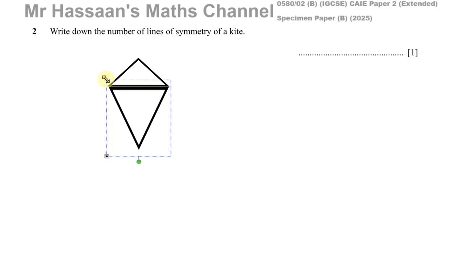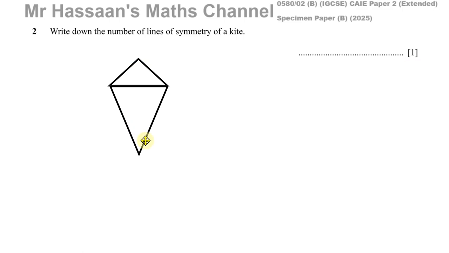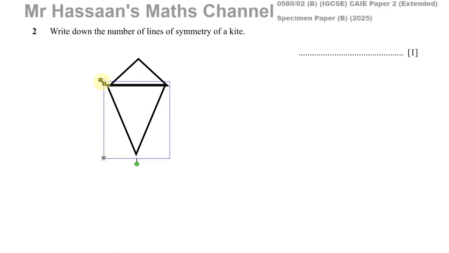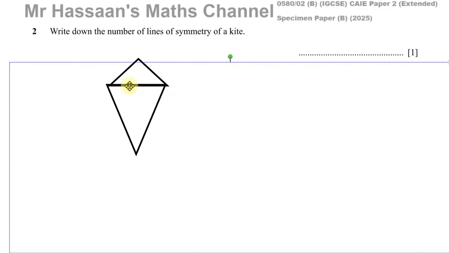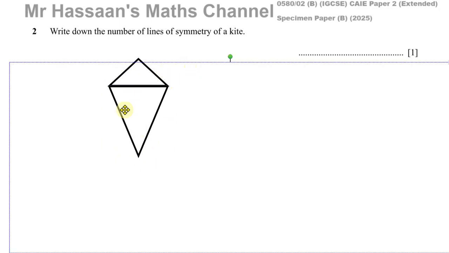So that makes a kite shape. A kite looks something like this.